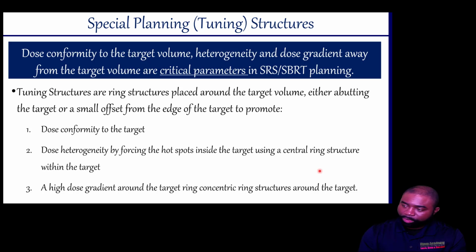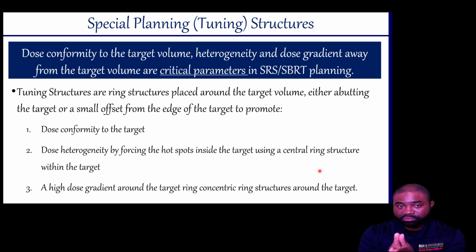Typically, the dose conformality to the target, the heterogeneity, as well as the dose gradient away from the target are critical parameters in spine radiosurgery. We want the dose to be conformal to the target in order to spare the surrounding organs at risk.